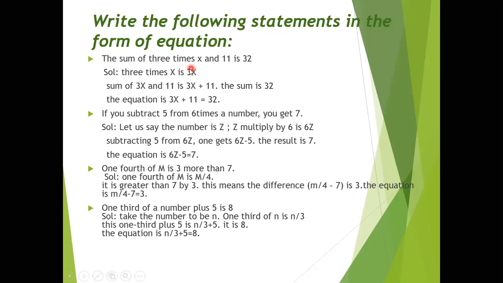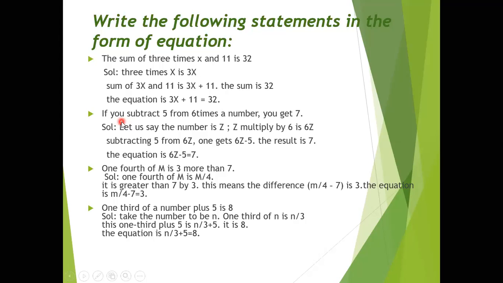How much are you adding? 11. Then it gives 32. So for 3 times x you are adding 11, which is 3x plus 11, and it gives 32. See the solution here. 3 times x is 3x. Sum of 3x and 11 is 3x plus 11. The sum is 32. So the equation finally forms 3x plus 11 equals 32.